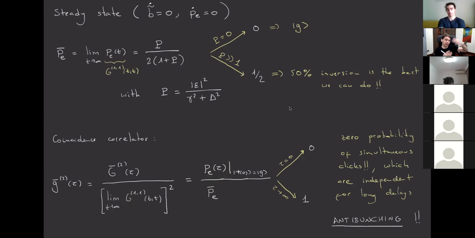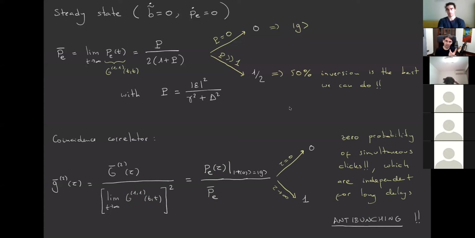Because you have the atom excited, it goes to the ground state, so by a spontaneous emission, it emits a photon. And now it will need some time to go from the ground state to the excited state again. You are driving it, so you are giving it energy to go up, but it requires some time.